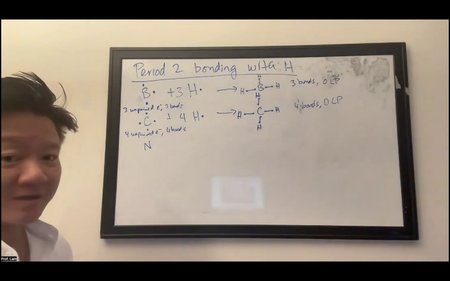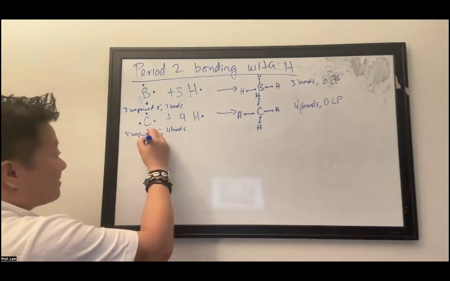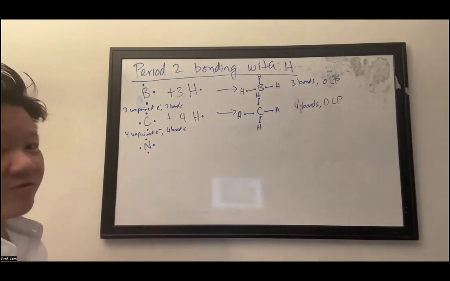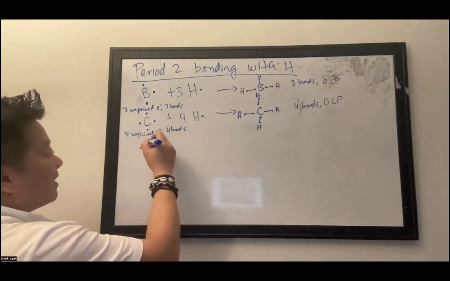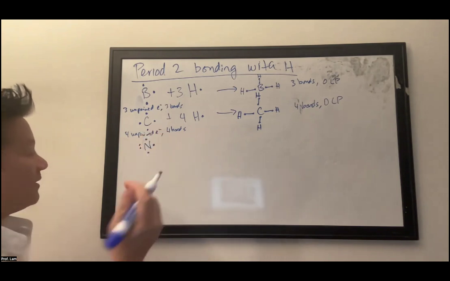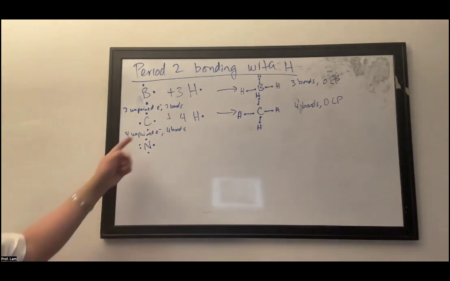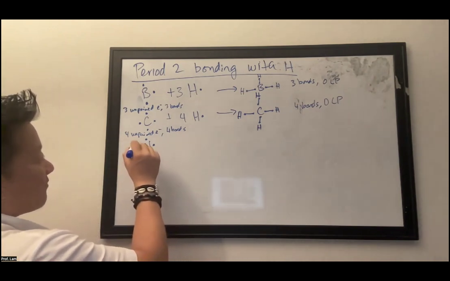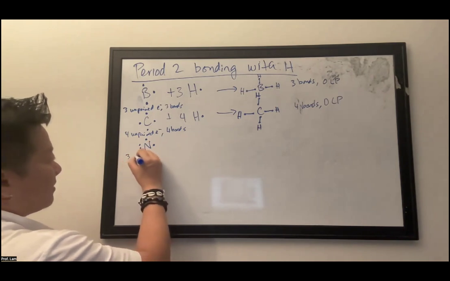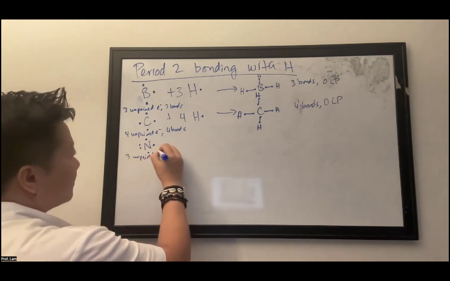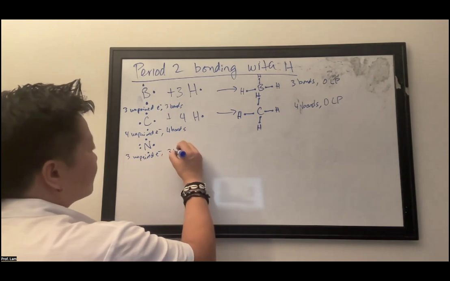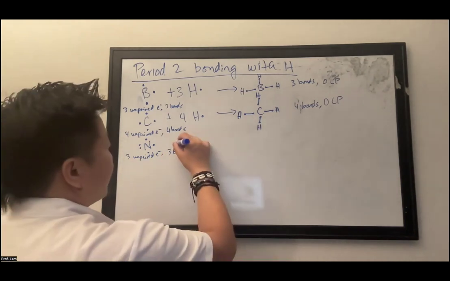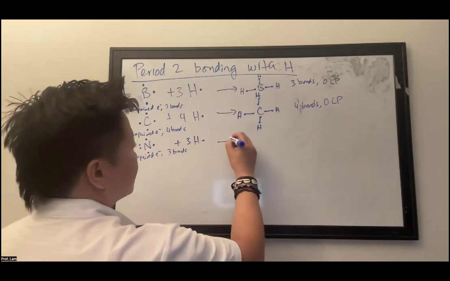Nitrogen. Now, 5 valence electrons, right? So notice how I'm going to do it. Remember, 1 on each side first before you pair. So I just have 4. Now this one is going to be my 5th, and you can pair it anywhere, doesn't matter. So what do I see though? I have just 3 unpaired electrons now, which means nitrogen is only going to want to make 3 bonds. So I only need 3 hydrogens.